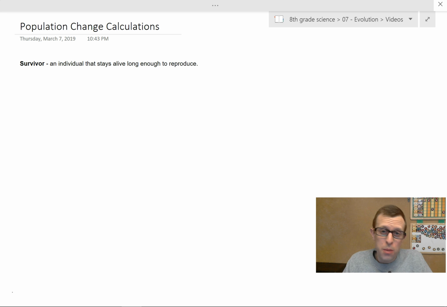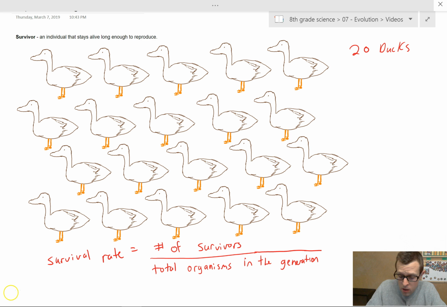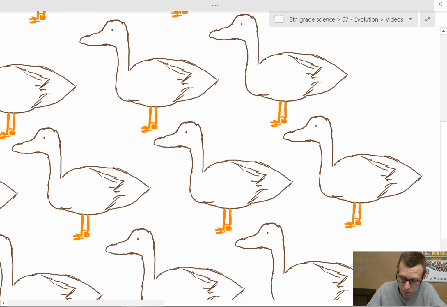So if we think about a population of, let's say, ducks, and let's call it 20 ducks to start out our generation. Out of those 20 ducks, not all of them will make it to adulthood and be able to reproduce. So let's just make up some numbers here. Let's say 5 of them are going to just never hatch. 3, 4, 5.